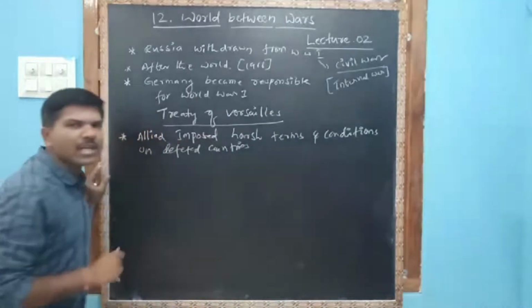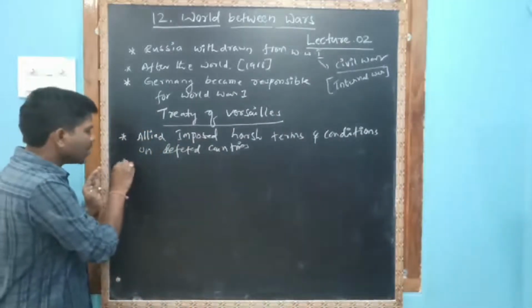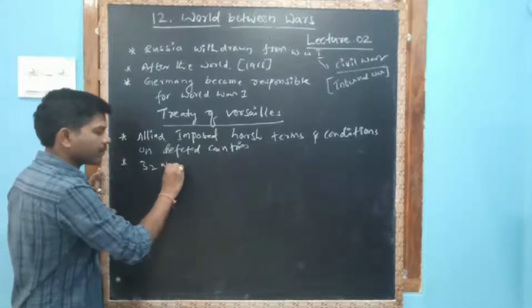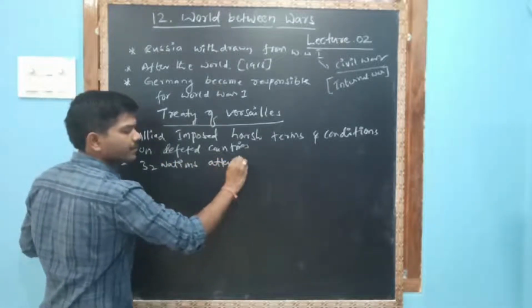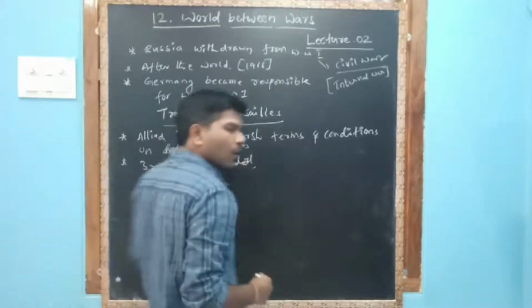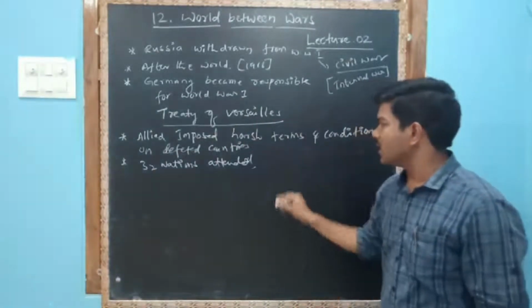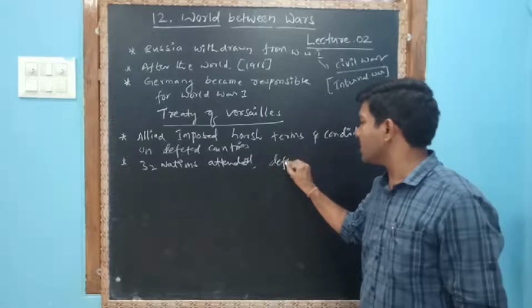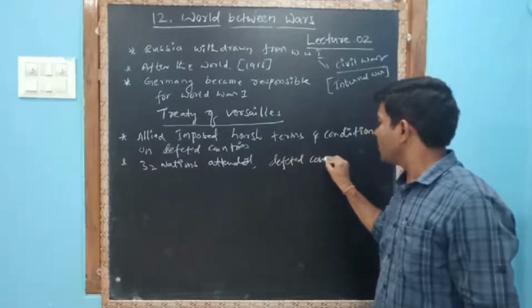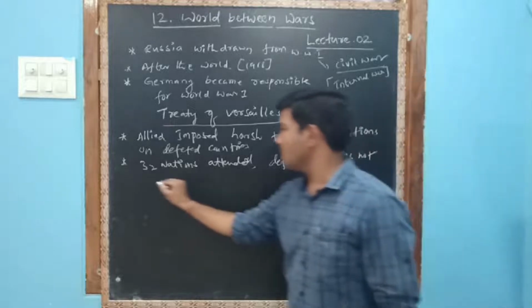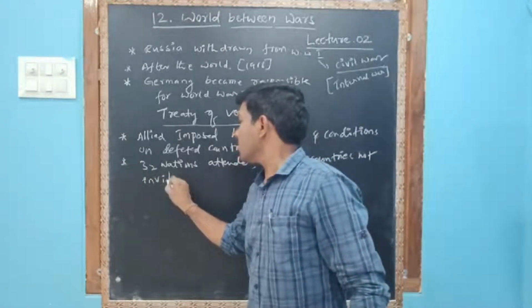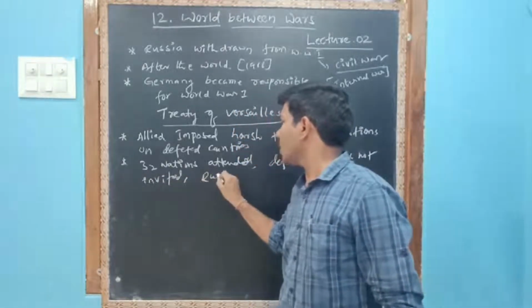Next, how many countries attended? 32 nations attended. Only the victorious countries attended. Defeated countries were not invited. Russia was also not invited.